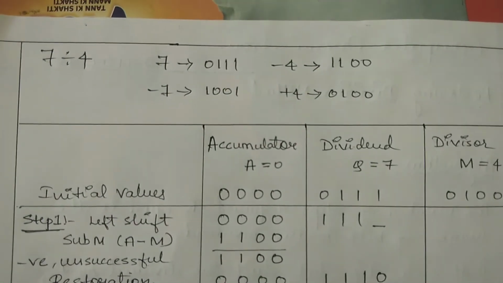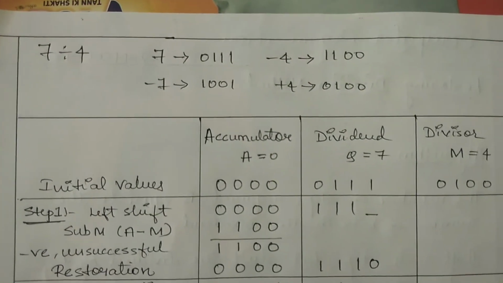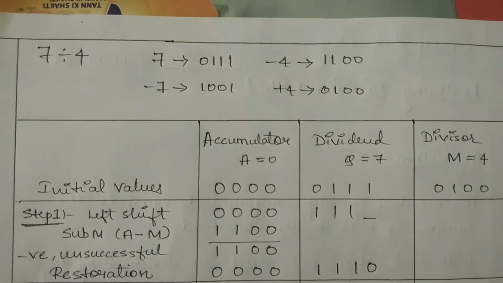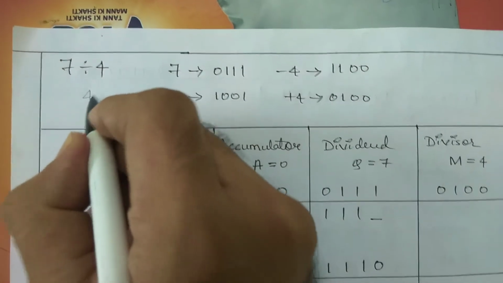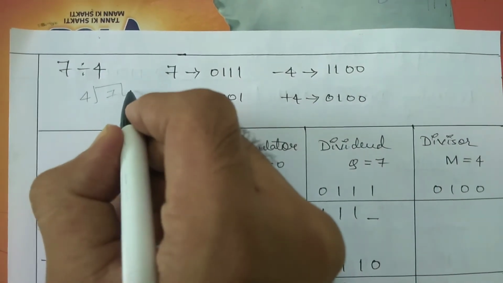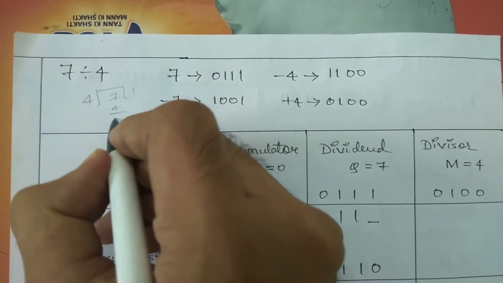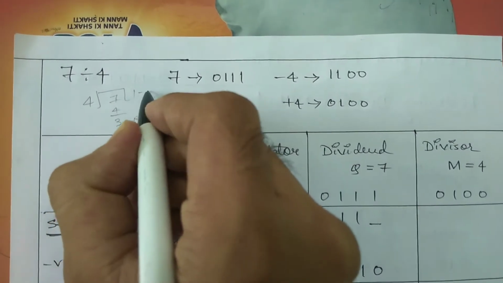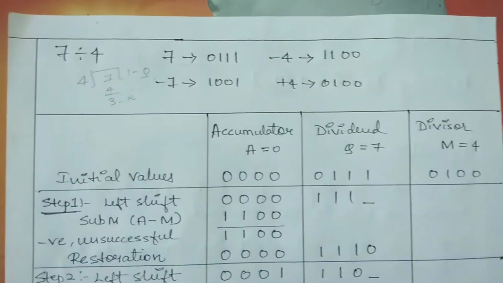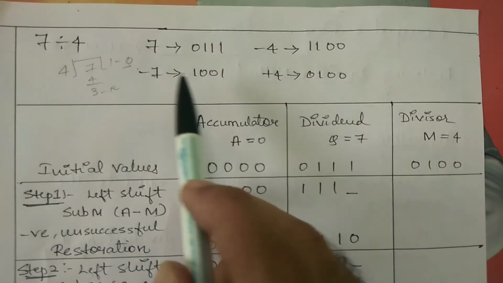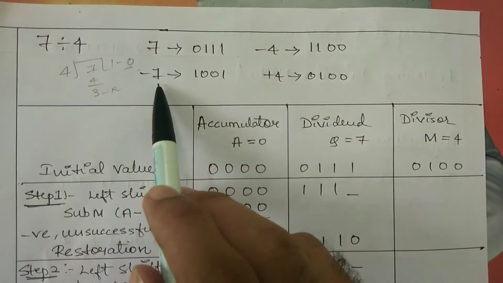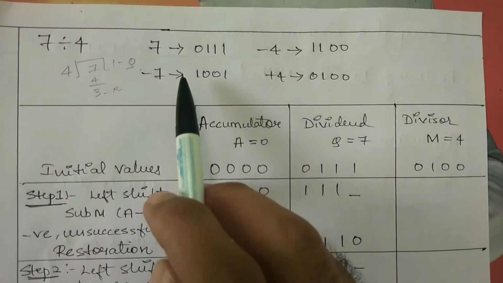So let's take this first example, 7 divided by 4. We all know that 7 divided by 4 gives quotient as 1 and remainder as 3. So before starting this procedure, let's find out the values of minus 7, plus 7, minus 4 and plus 4.